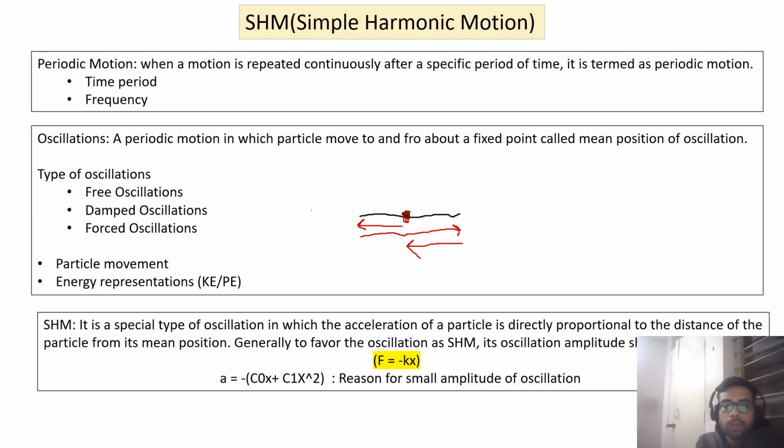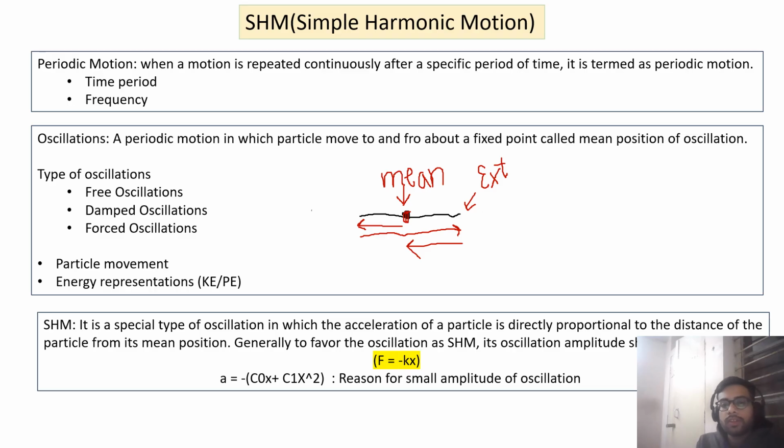So I will introduce a few of the terms. This point is called the mean position. I will just write mean here. This point is called the extreme position. I have just written the subscript like ext.